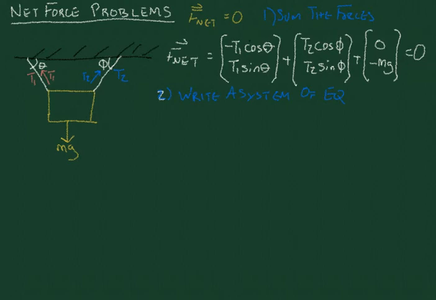So in this case, since there's only two components in the x direction, we see that T1 cosine theta is equal to T2 cosine phi. And then the other equation that we get out of this is T1 sine theta plus T2 sine phi is equal to mg.